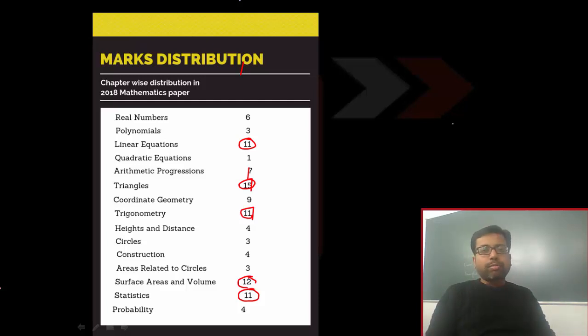Now, one thing that you might be getting confused with is that the paper is an 80 mark paper, but if you total the entire thing, it will be 104. The reason for that is we have also included the optional questions here. For example, for linear equations, two questions were asked as an alternate. So you have question number 21, where the first part is linear equations, and the OR part also has linear equations.